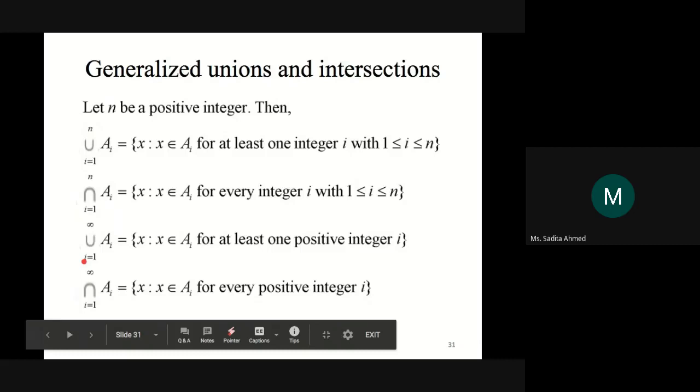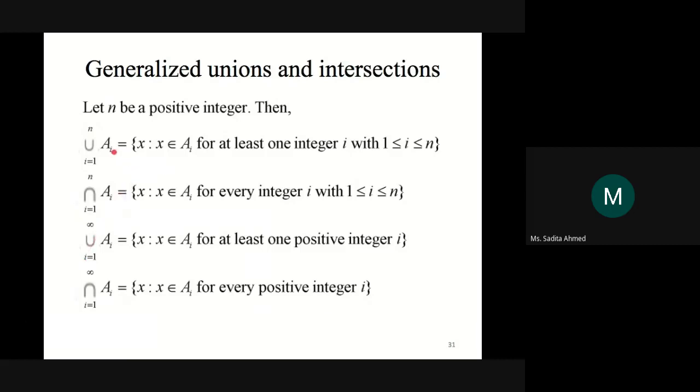So in terms of these ranges, the unions and the intersections are defined here. For the first one, you see x such that x is present in AI for at least one integer I within this range. So at least one. Why at least one, guys? Why are we using the term at least one? Because it's a union.